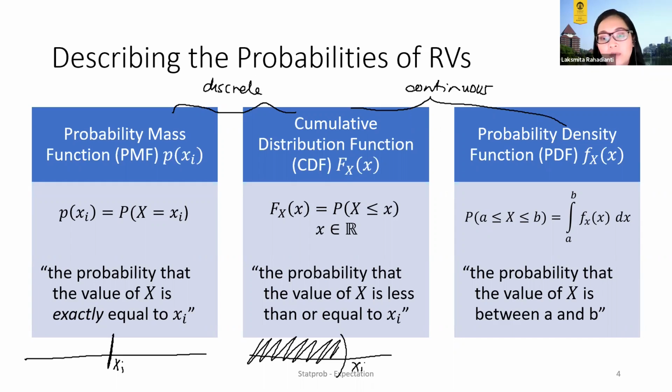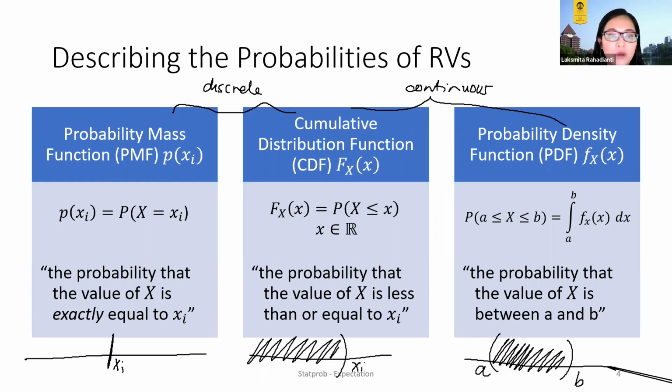And we can also use the PDF to denote the probability between two different limits, in this case A and B, and we can compute the probability of our random variable having a value between A and B. I don't know what the value is, but it is between A and B. So as you note here, we use these three functions differently. The first two for discrete and the second two for the continuous random variables.